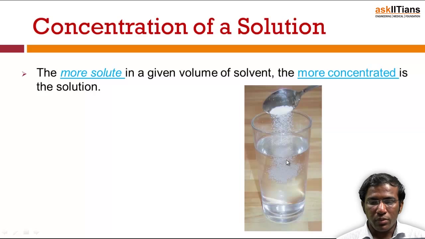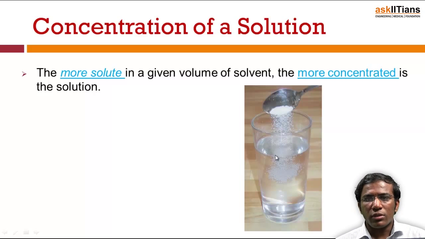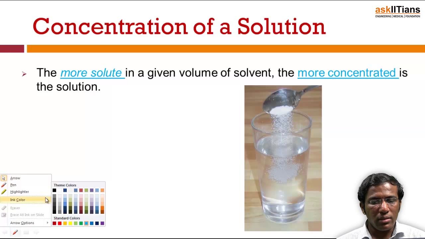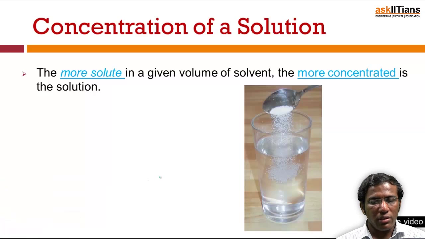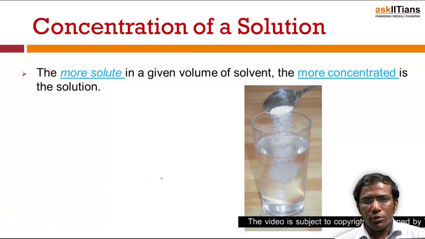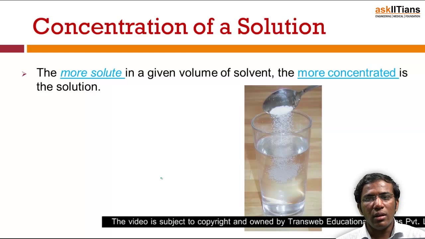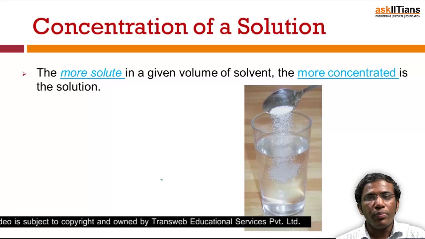Say suppose this is 100 ml of water I have taken in a glass, and here I added 1 tablespoon of salt. This is one salt solution I have, and the second salt solution I am preparing separately, taking the same volume of water, 100 ml only, but instead of 1 tablespoon, I take 5 tablespoons of salt and add that to water.